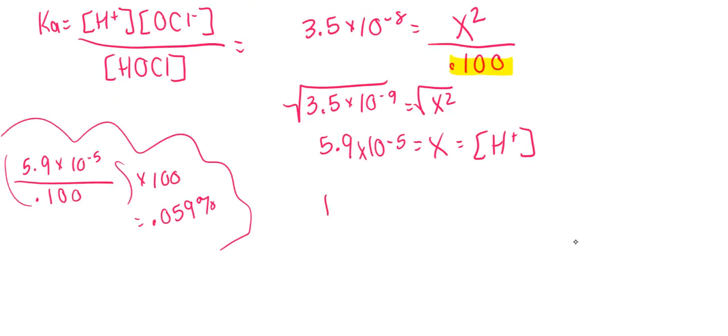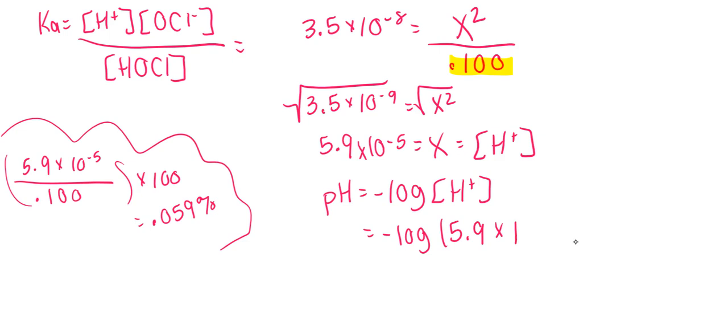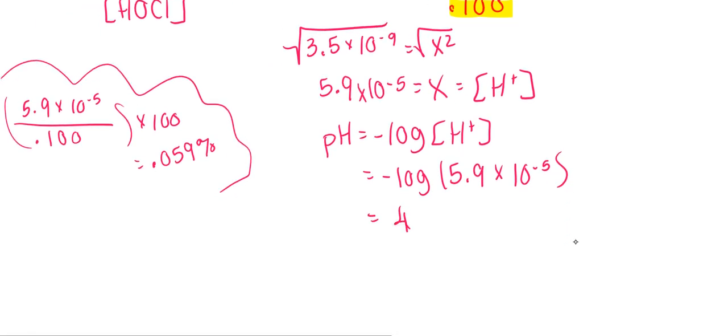Once we know the concentration of the hydrogen ions, we can calculate pH. pH is equal to the negative log of H+. And when you calculate this, I got 4.23.